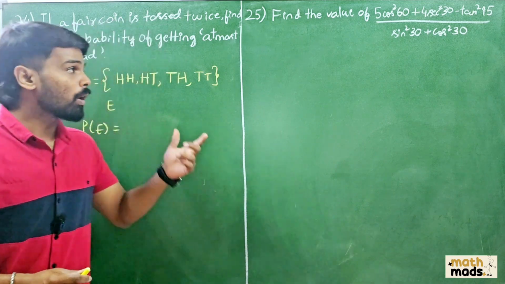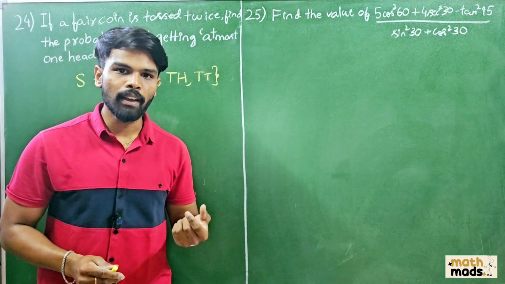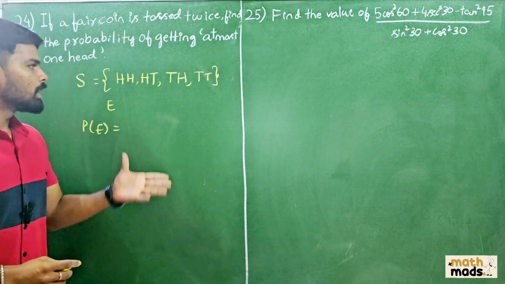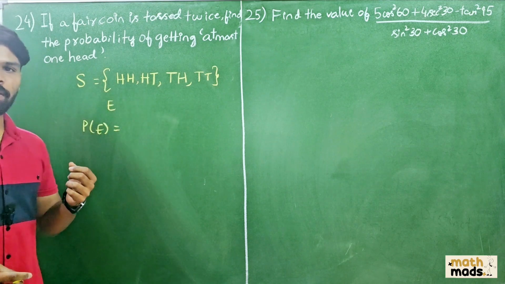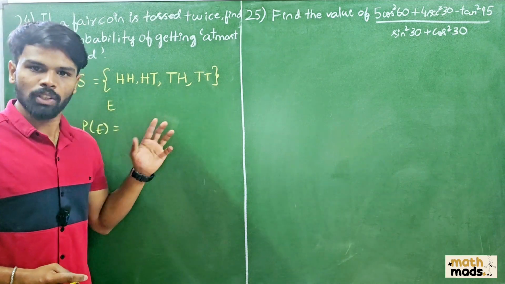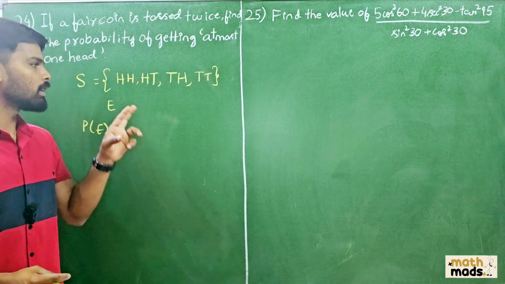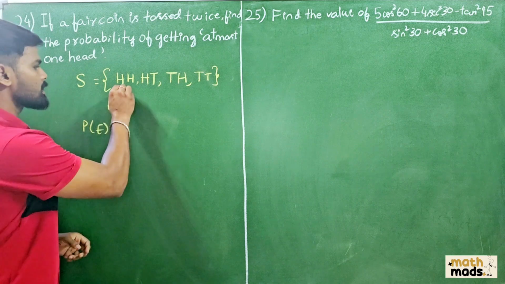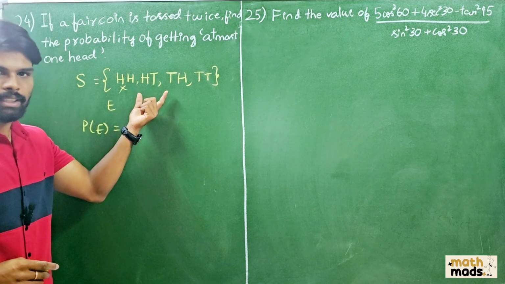Got the difference? What is given here? At most one head. So either you can get 0 head or you should get 1 head. Let us see what are the possible outcomes. In this, the first one is having 2 heads. Can I consider that? No, because at most means it should have 0 or 1. Here it is 2. I can't consider this. H and T, there is 1 head here. I can consider this.